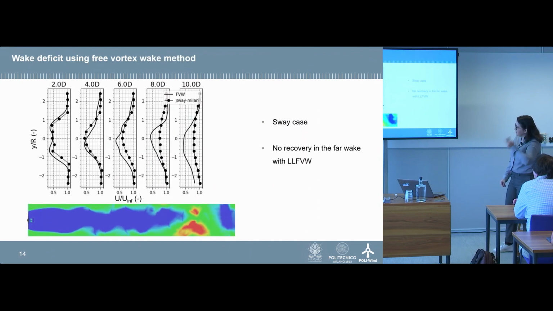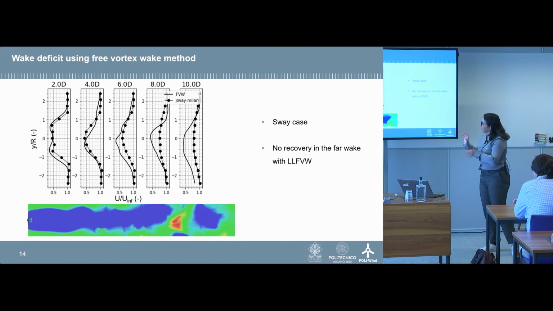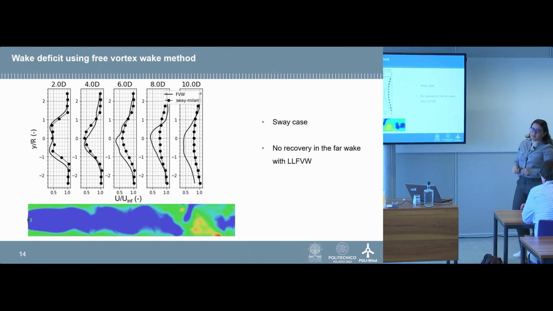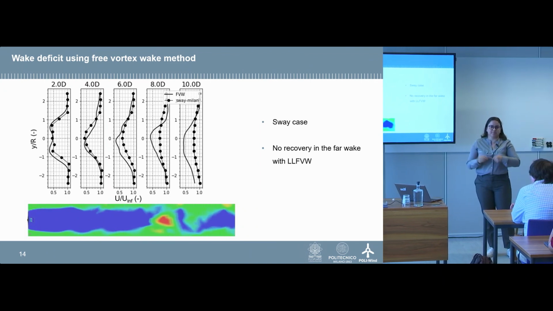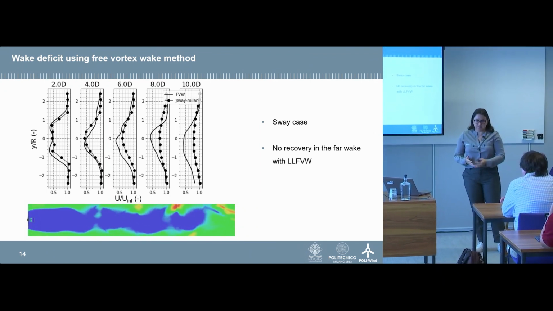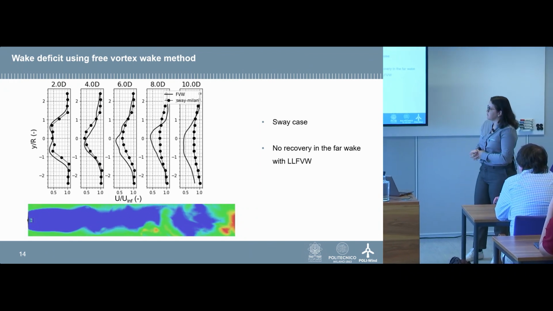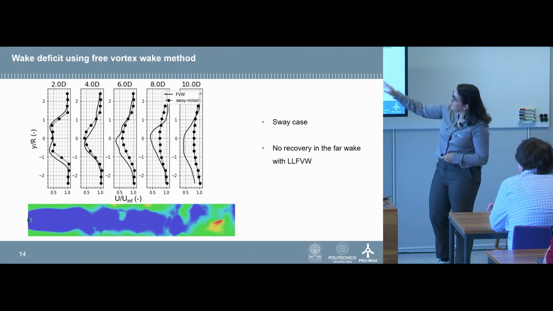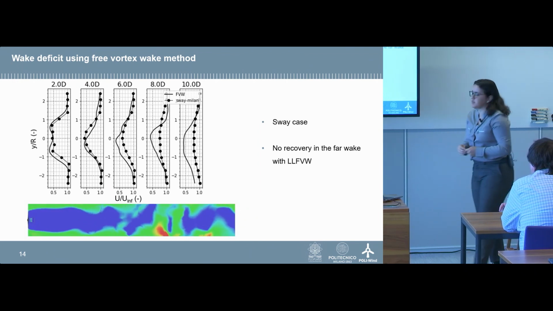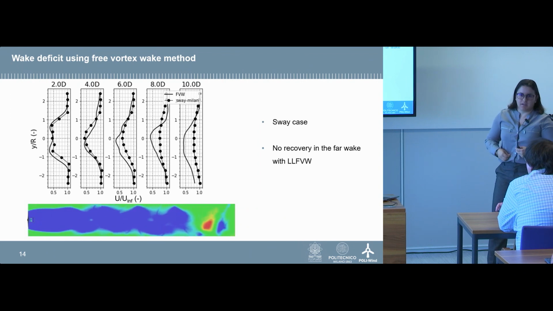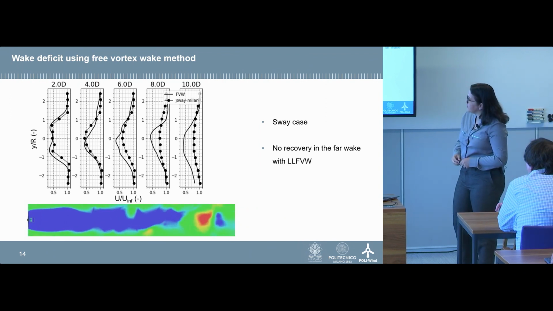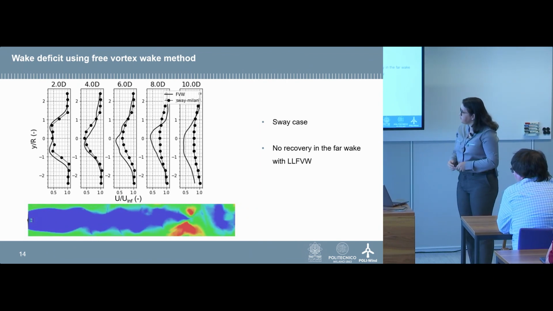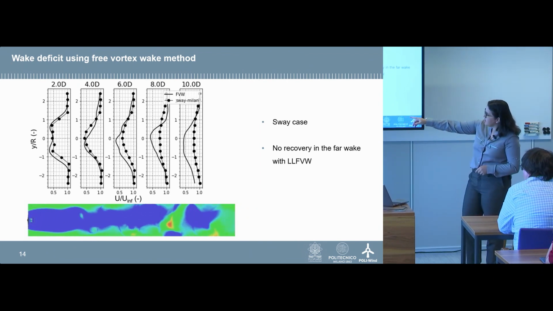So, if you remember the pin, I'm going to quickly throw a parenthesis here. Thomas was speaking about the potential of free vortex wake methods for analyzing the wake. Here I'm showing in the dotted lines the results that we got in Milan from the wake, from 2D down to 10 diameters downstream in the sway case.